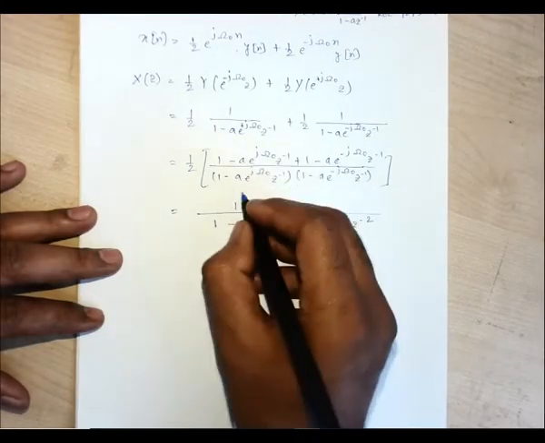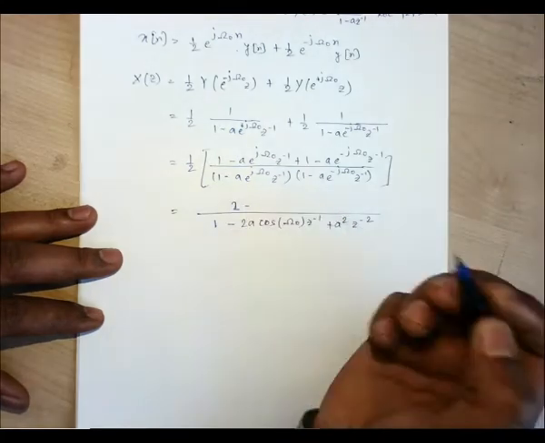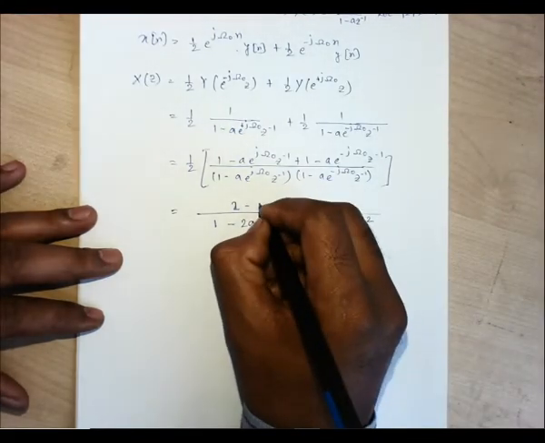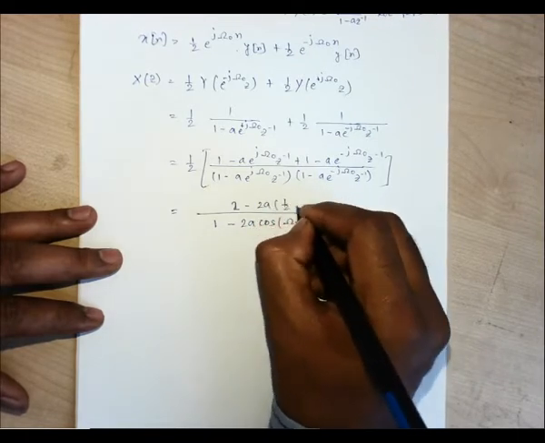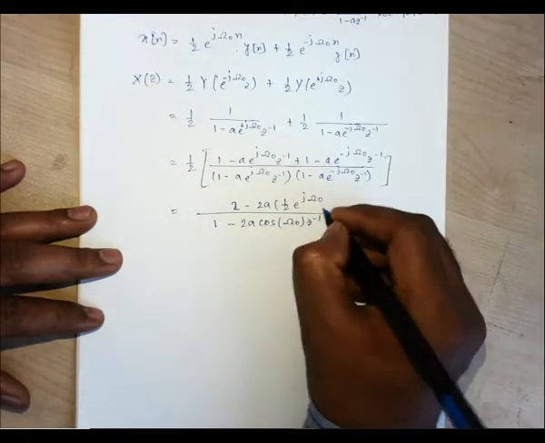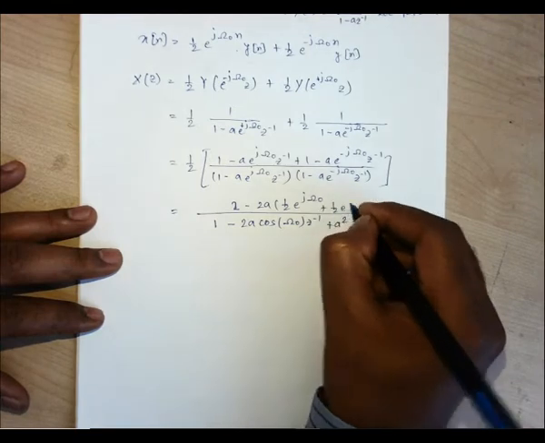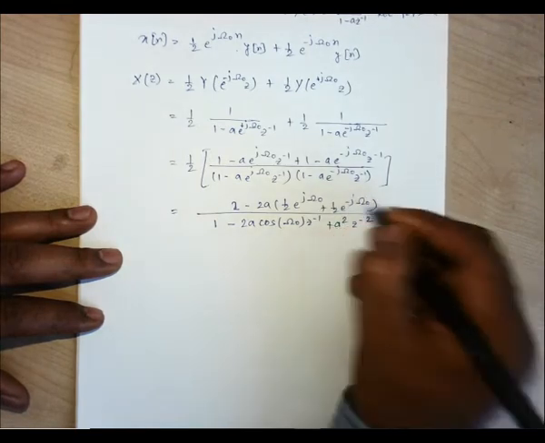So if we take 2a common, I am just writing this one the same, so that one will become half into e to the power j omega naught plus half into e to the power minus j omega naught.